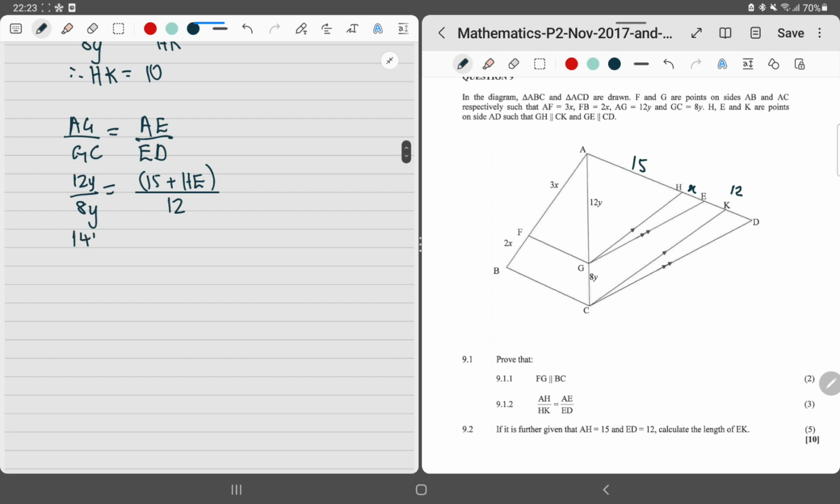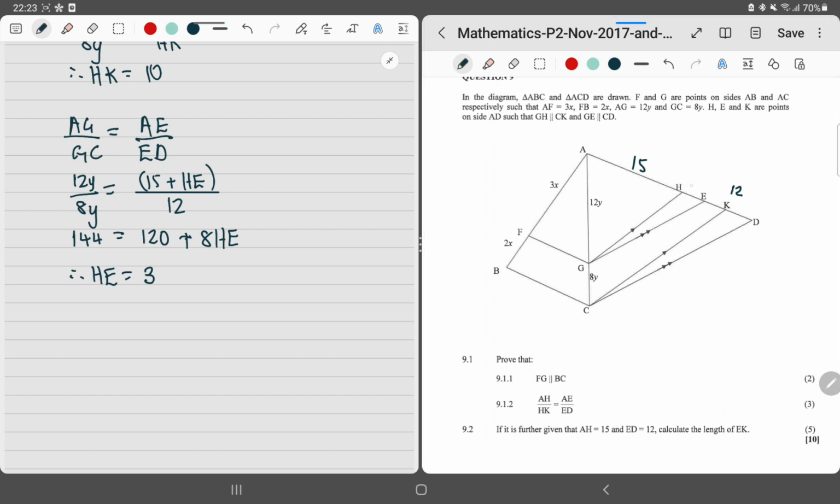So this is 144 is equal to 8 times 15, that's 120, plus 8 HE. HE is equal to 144 minus 120 divided by 8. So I'm getting 3.